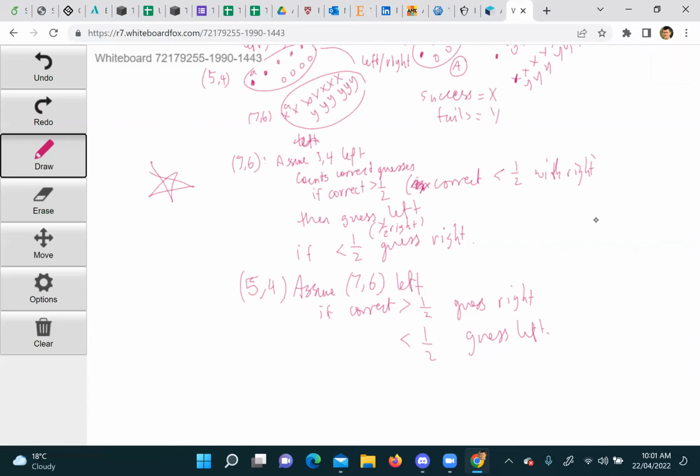So if that's the case, then I want 7-6 to be picking left, right? 7-6 will only pick left if I am correct more than half the time with left, right?